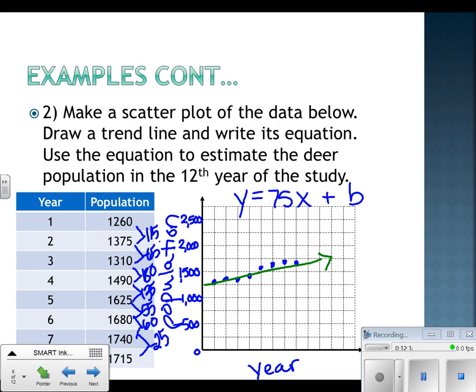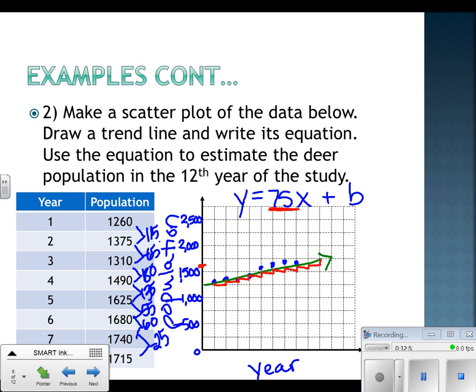Over 1 up, over 1 up, over 1 up, over 1 up. And how much is it going up in this line? If you take our interval of 250, going up about this much, it's somewhere around 75. I would be flexible though with how much you say it's increasing.